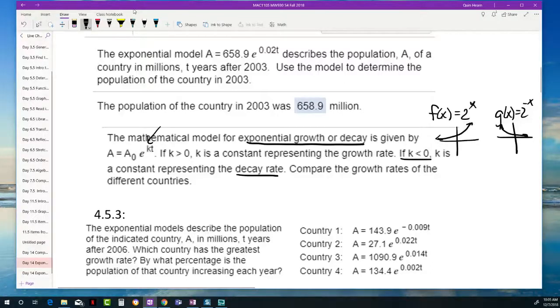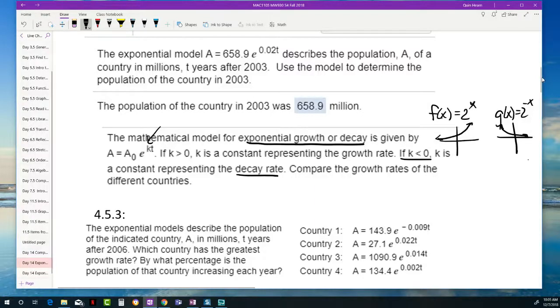All right, so just as an example of some models that you could see here, we have the exponential models describe the population of the indicated country, country 1, 2, 3, and 4. A is in millions, t years after 2006. Which country has the greatest growth rate?